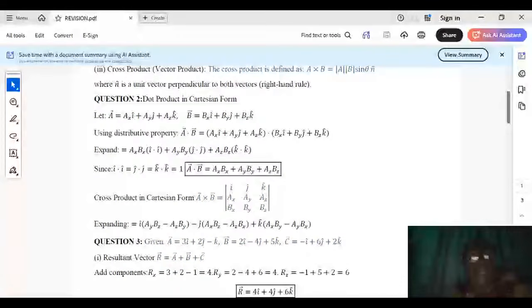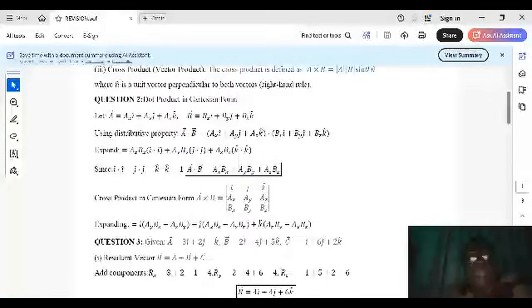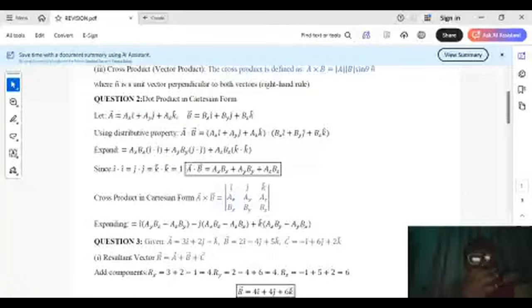By the time you do this, we know that i dot i is 1, j dot j is 1, k dot k is 1, and the dot product is AXBX plus AYBY plus AZBZ. Then the cross product will be the product in Cartesian form using the matrix approach, with i, j, k. By the time you expand it, you have this expression.